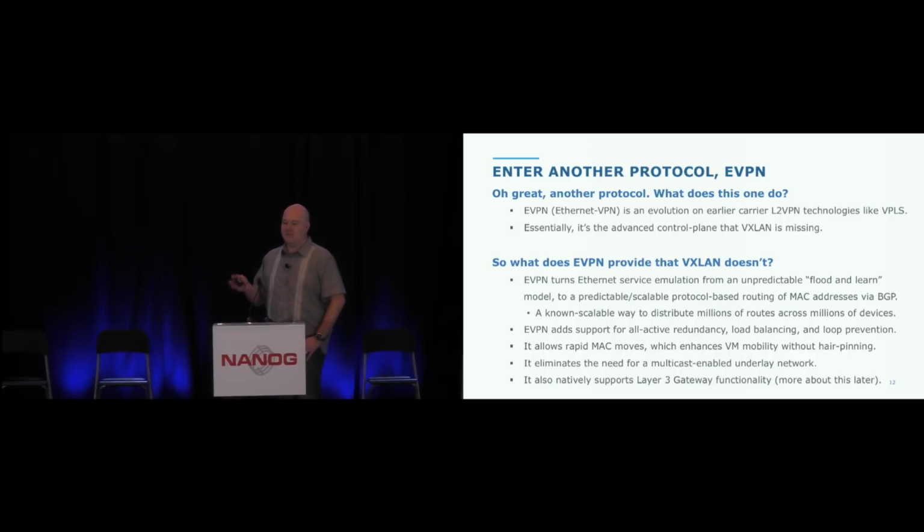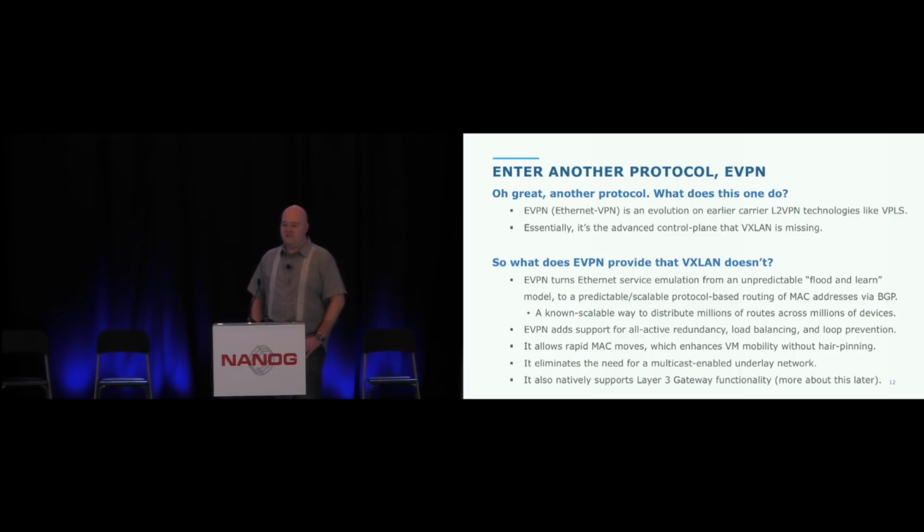This is a known scalable way to route millions of routes through infrastructure that already exists. We know how to have BGP speakers. We know how to have BGP speakers talk to thousands of endpoints. We know how to have them pass millions of routes. It's a known scalable way to do this. It really helps you do things like rapid MAC moves, so it lets you do your VM mobility without hairpins of traffic.